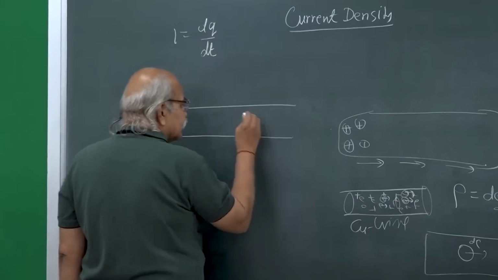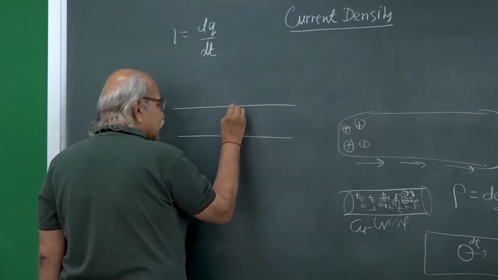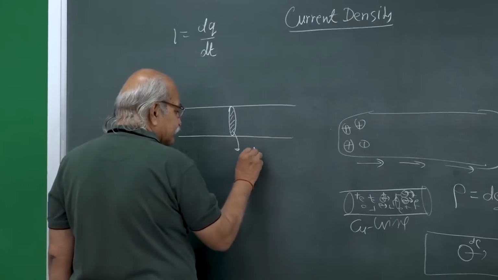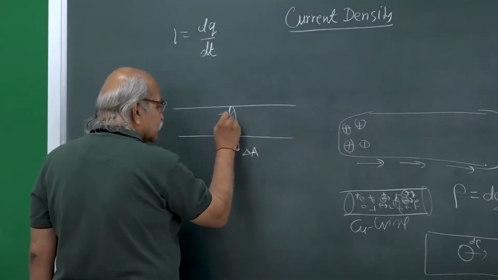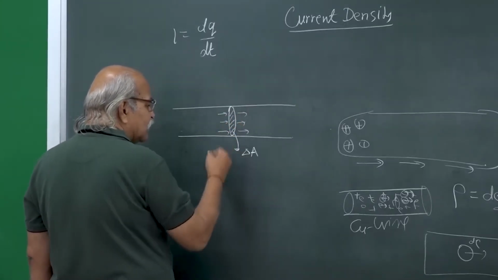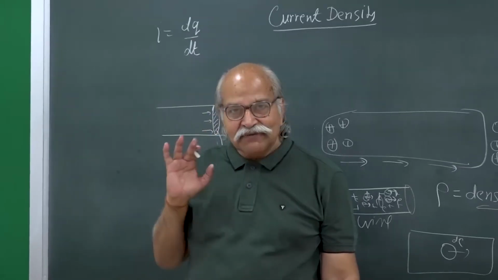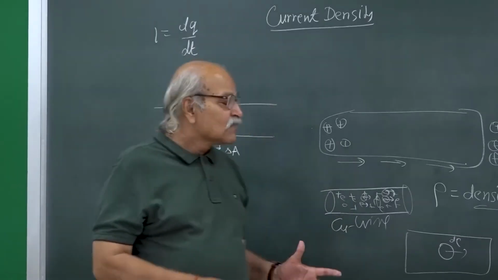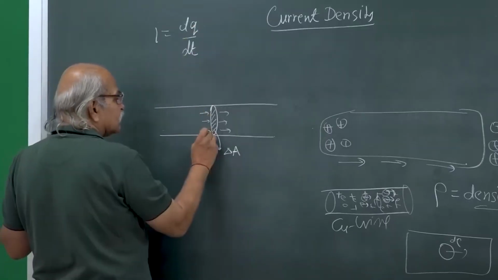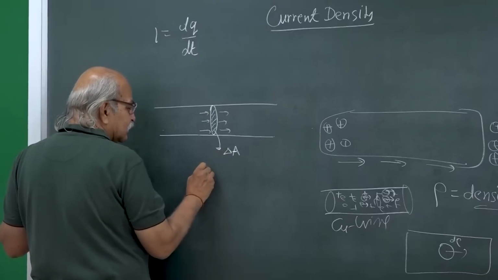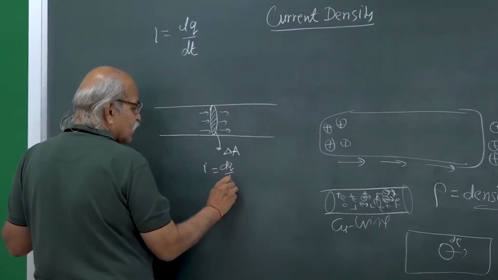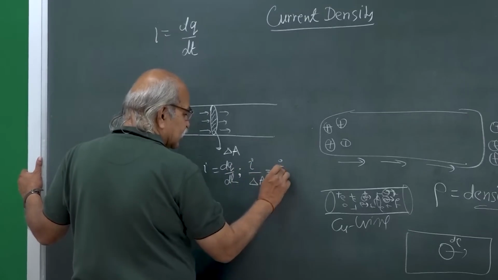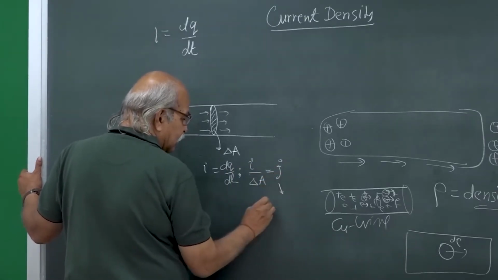Suppose you have this wire and you take this cross section, and this is delta A. If dq charge crosses, and remember we normally write everything assuming that it is positive charge, but our equations are equally valid if the positive or the negative charges are crossing, then your current is dq by dt, and this divided by delta A is known as J, and this is called current density.